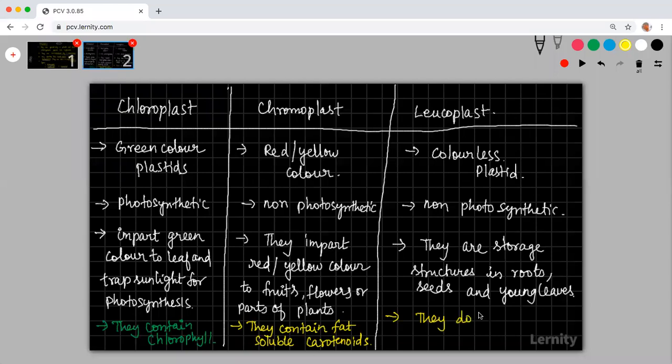Leucoplasts do not have pigments. Colorless means it is not like white, it is like transparent.